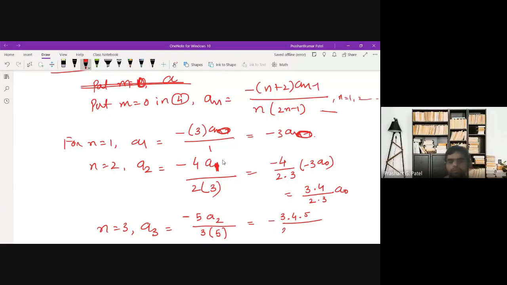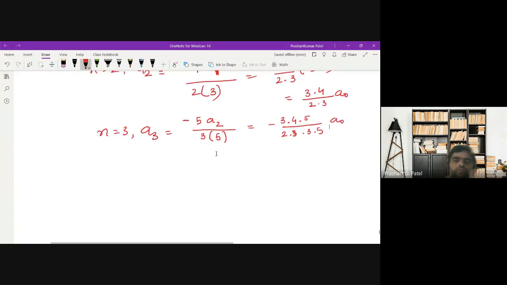In the denominator, you will have 2 into 3 into 3 into 5, a0. Okay, so finally, what is the solution? Minus minus become plus.